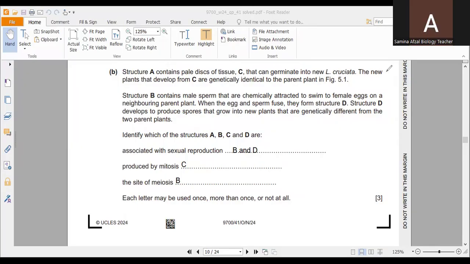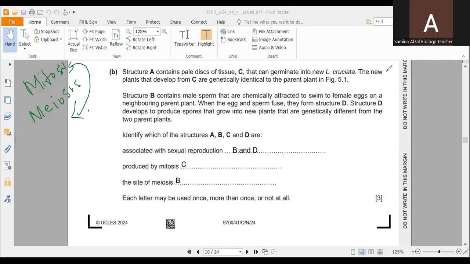Students, two types of cell division are there, that is mitosis and meiosis. During mitosis, when the cells divide, the daughter cells produced are genetically identical to the parent cells. Mitosis is that type of cell division in which the chromosome number is maintained generation after generation.